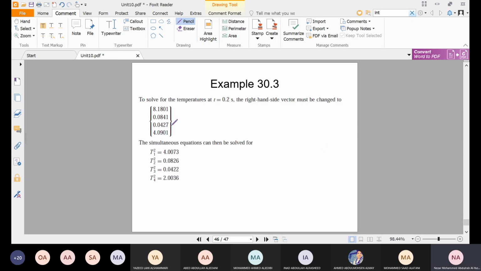So this is the vector after updating, and this vector must be changed, and then we solve the matrix again to get the updated values. We take it for iteration and we stop. And usually this requires fewer iterations because it is more accurate than the simple implicit method, and it provides a good accuracy.